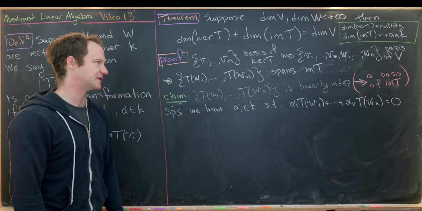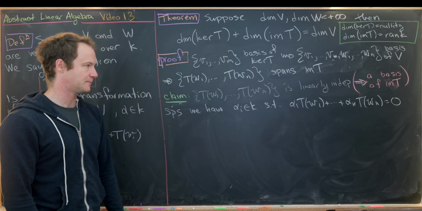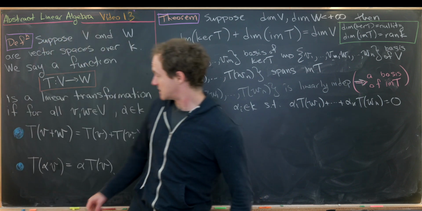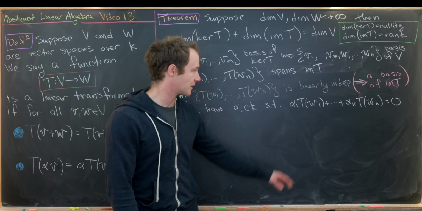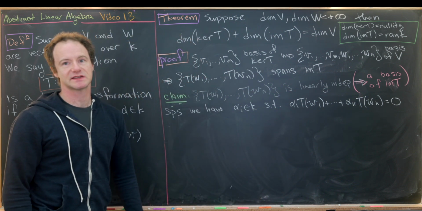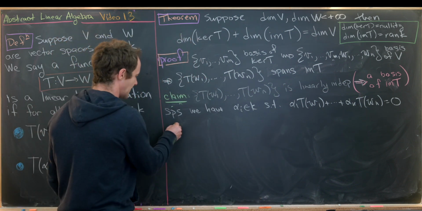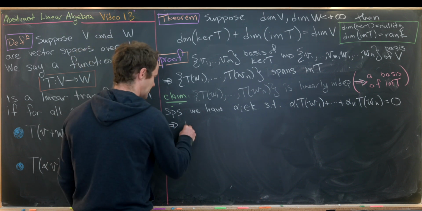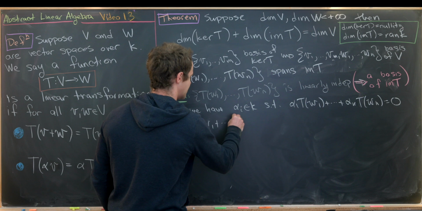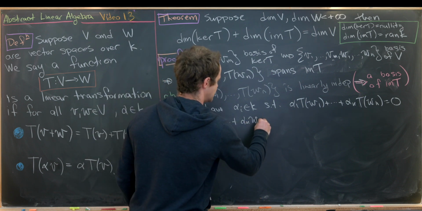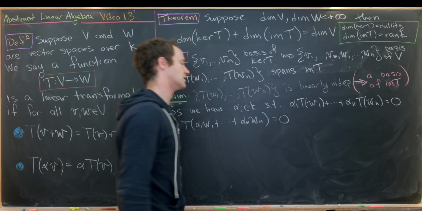That's the condition for this to be linearly independent. Okay, now let's use the fact that we have a linear transformation, namely these two rules over here, to push everything on the left-hand side of the equation together. That'll give us something like this. We have t evaluated at alpha 1 w1 plus up to alpha n wn equals 0.